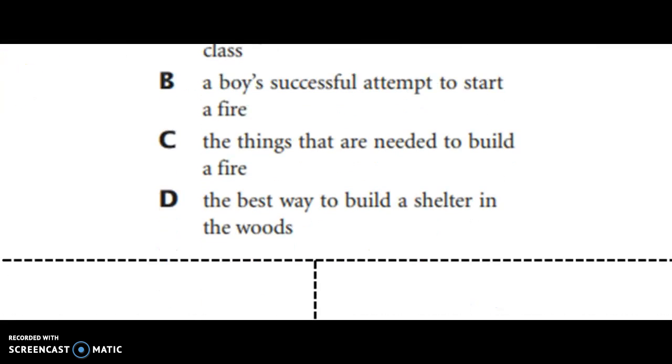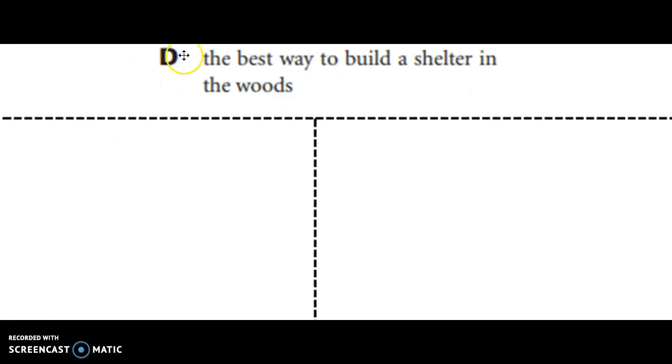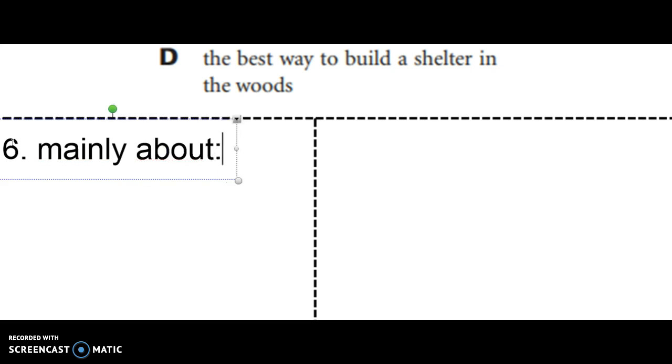So I'm going to jump down here to my bottom 2 boxes on my foldable, and I'm going to write here question 6, and then the words mainly about. And I know that means this is a main idea question, so I'm going to write MI, and I'm going to remind myself to look at the title.